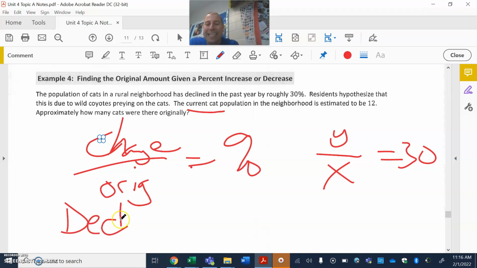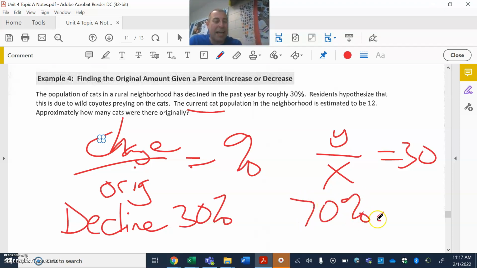What I want to realize here is that if we are declining by 30%, think about a sale price. If you get to take 30% off of a shirt that you're going to buy, what that means is you're actually finding 70% of that amount.